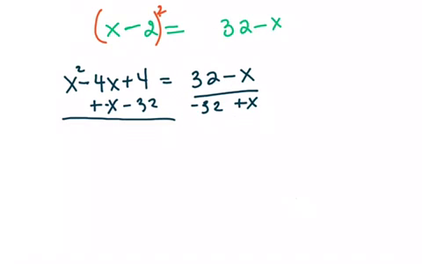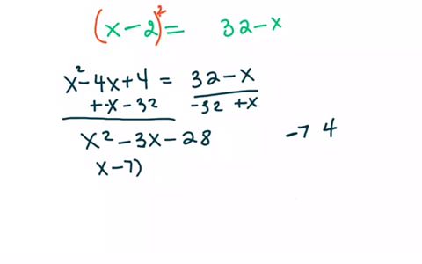And when I do that, I have x squared minus 3x minus 28. All right, now the factors of negative 28 are 7 and 4, but the big guy has to be negative because I have a negative 3. So my answer will be x minus 7 and x plus 3.